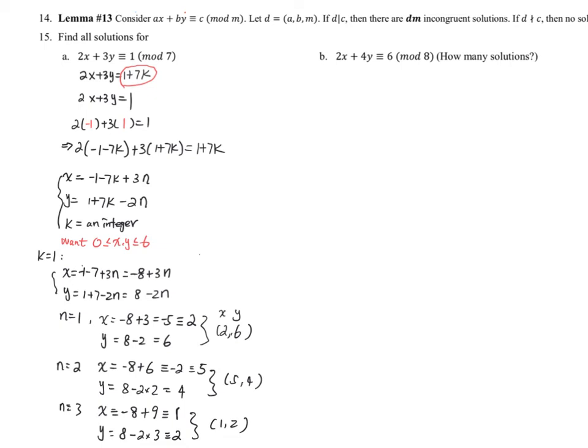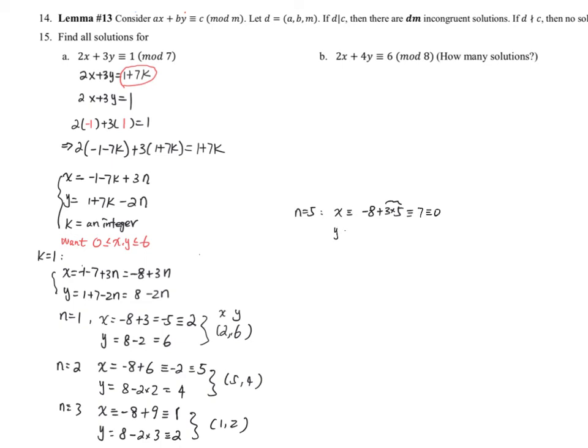Then you get 0. So therefore we have another solution, 4 and 0. When n is 5, x is congruent to negative 8 plus 3 times 5. So 3 times 5 is 15, 15 minus 8 is 7, which is congruent to 0.